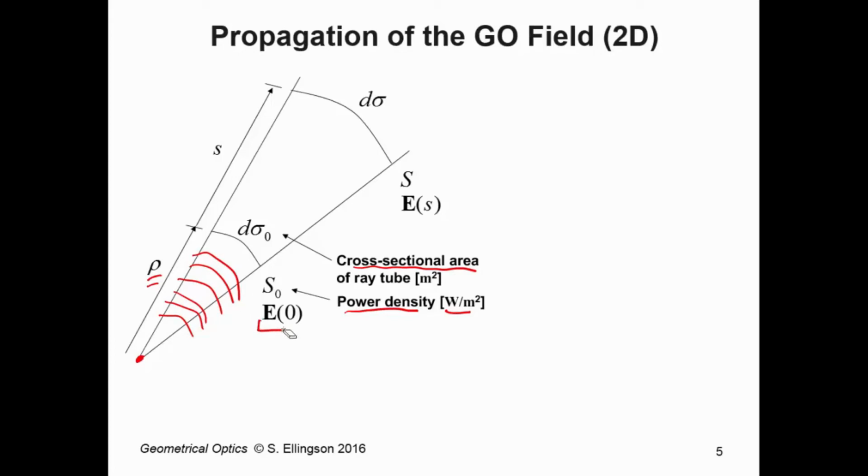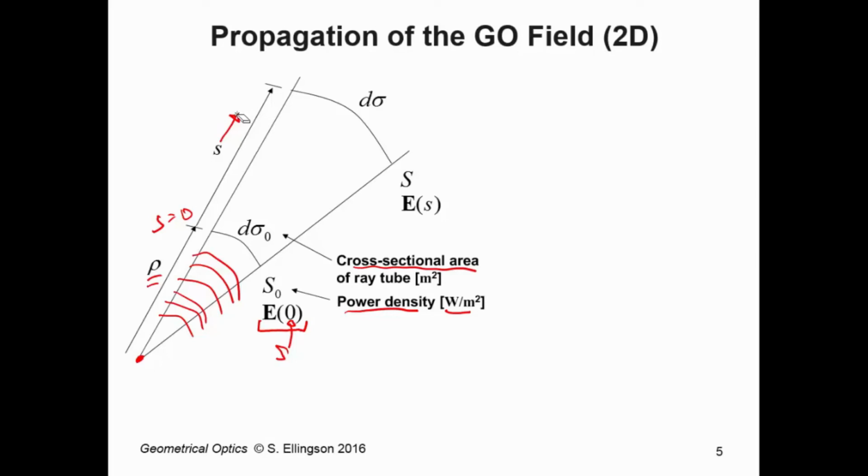And then we have the electric field at that point, E, and this 0 here is referring to the variable S. S equals 0 is at this reference point. It's not the origin of any particular coordinate system, it's just a starting point. And then we measure increasing S as distance traveled along this ray.